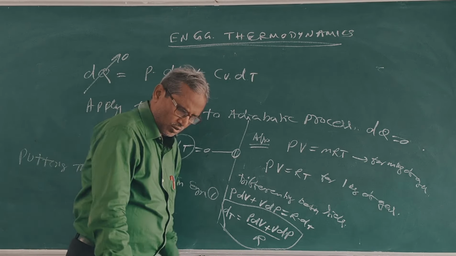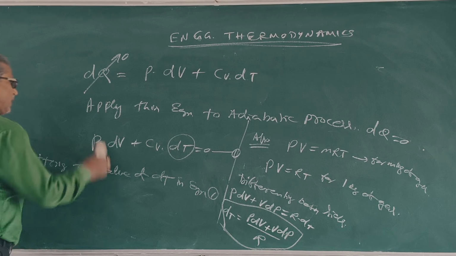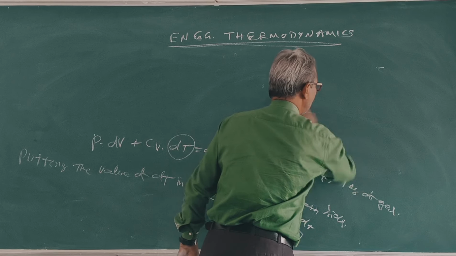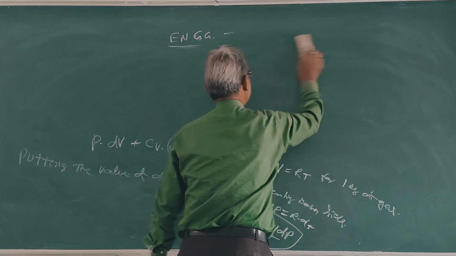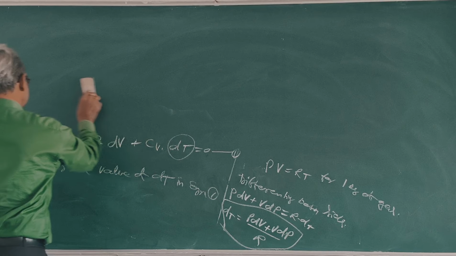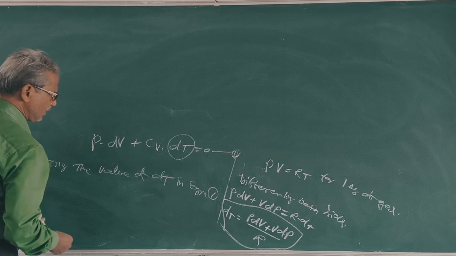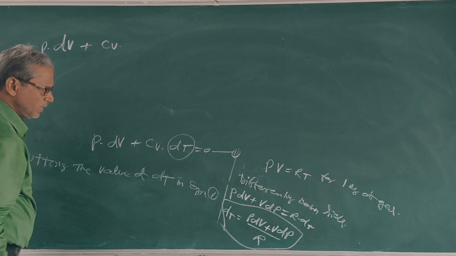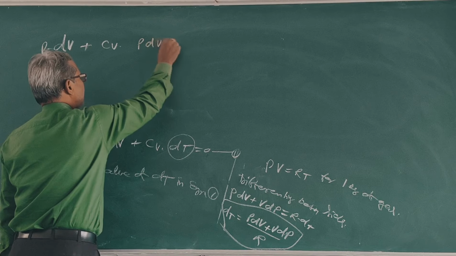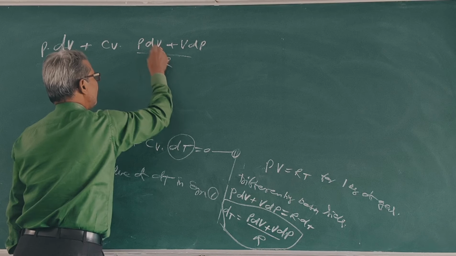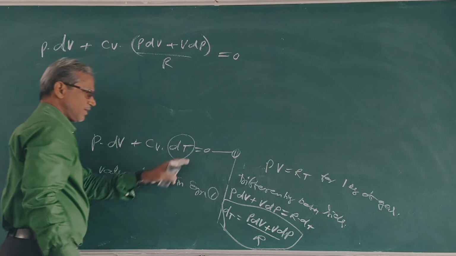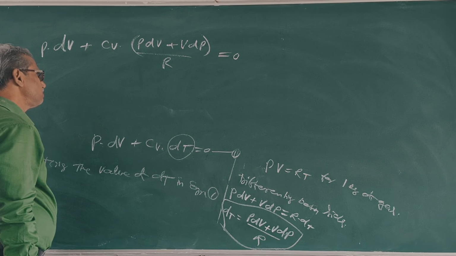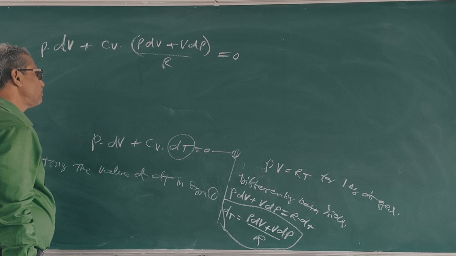So from equation 1, P dV plus Cv into (P dV plus V dP) by R is equal to 0.